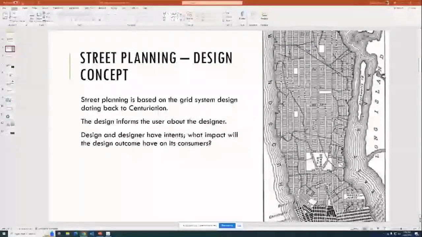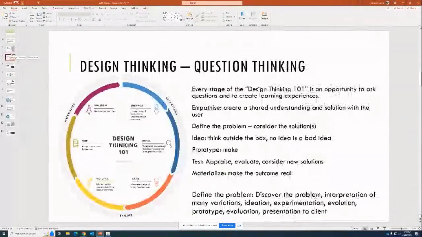Now, where does this grid originate? Because I think if I look on my computer, New York was established in 1625. Hey, I've learned something today. New York was established in 1625. However, this concept is not a new concept. It's not even a 1625 concept, right? The street planning is based on the grid system design dating back to centurions.